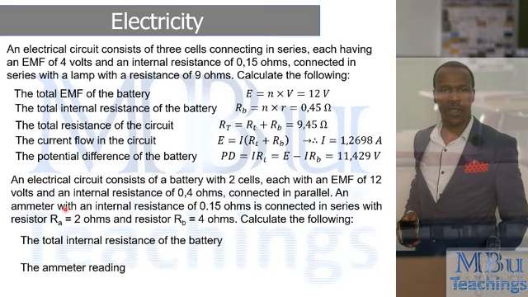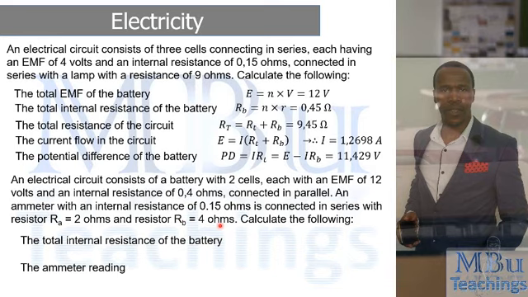Now we have an internal resistance of an ammeter. Remember when we talk about an ammeter, the resistance of an ammeter? This is the internal resistance of that reader, which is an ammeter, connected in series with, can you see? It says with. Now we're talking about the resistance. We have resistor A of 2 ohms and resistor B, which is 4 ohms.